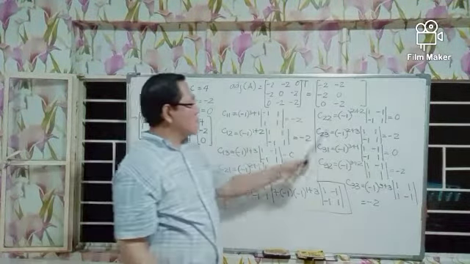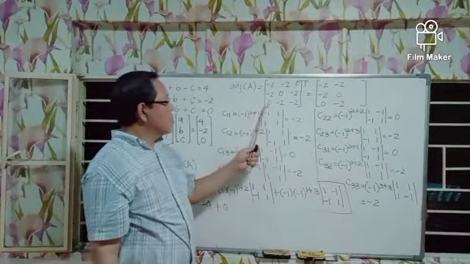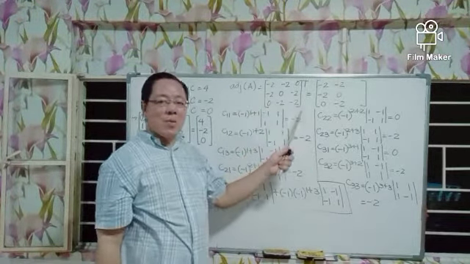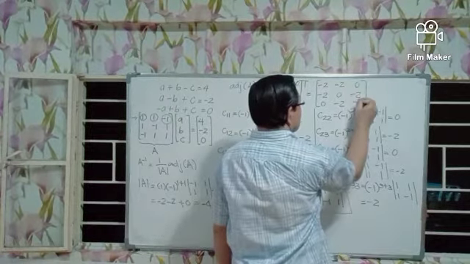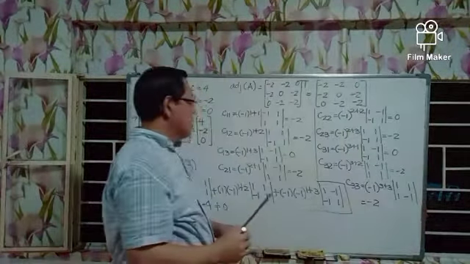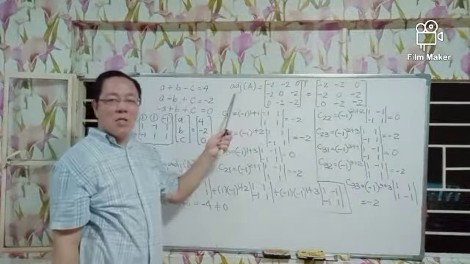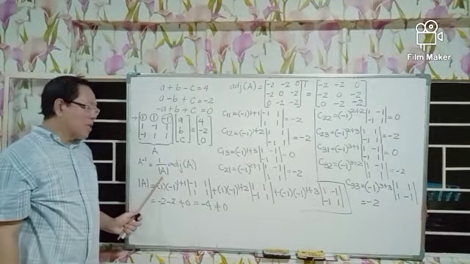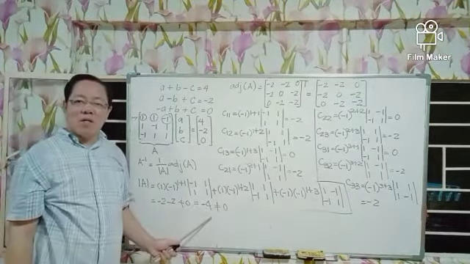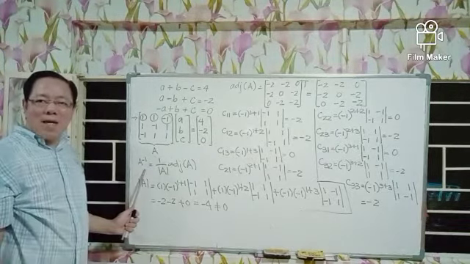And the last column entries are 0, negative 2, negative 2. And this matrix is the adjoint of A. The adjoint of A we multiply by the reciprocal of the determinant of A, or reciprocal of minus 4, and the result is the inverse of matrix A.